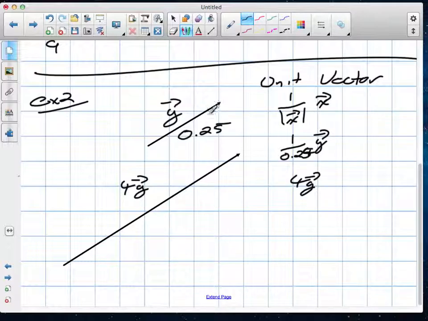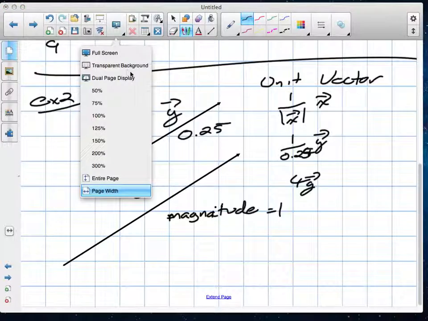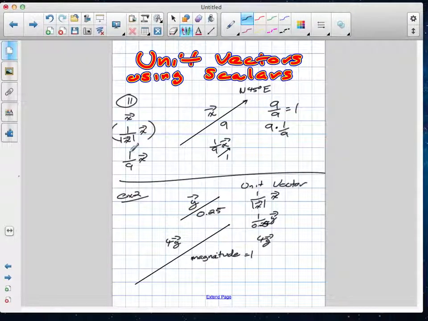It's 4 times the original vector with the same direction, but its magnitude, yeah, magnitude is equal to 1. So that's how we make a unit vector using scalars. And that's what that original question we did before was. It's just a little more complex than that, that's all.